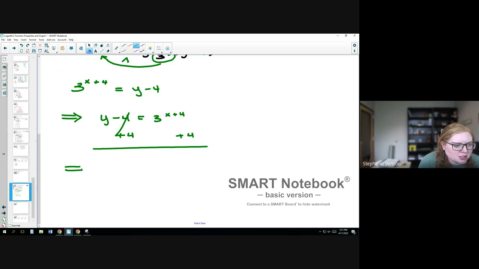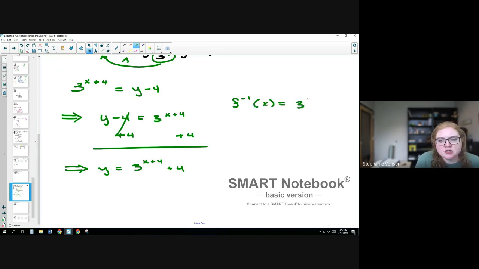So I'm going to get y equals 3 to the x plus 4 plus 4. And there's my inverse. That's what they were asking for in this part, which is part D. F inverse of x is equal to 3 raised to the x plus 4 plus 4.